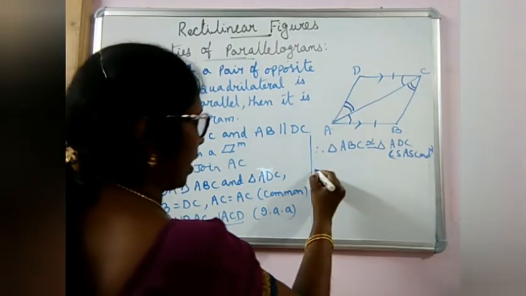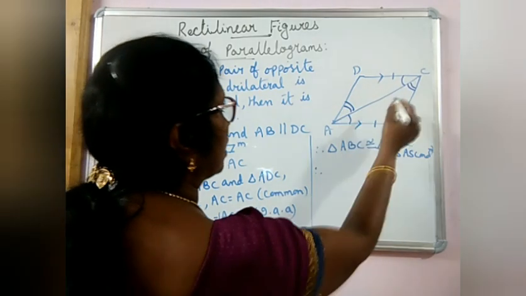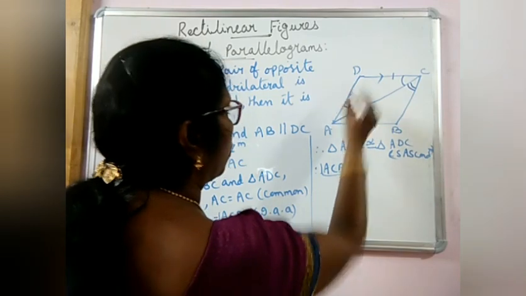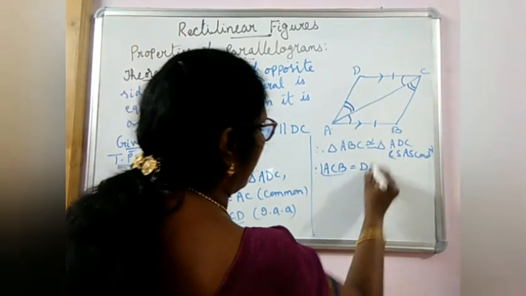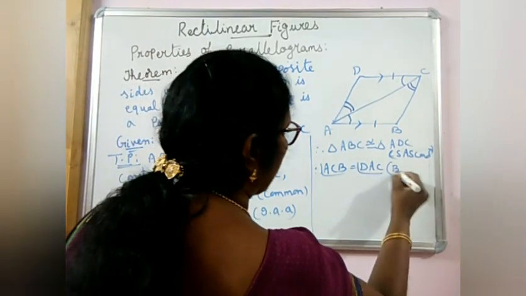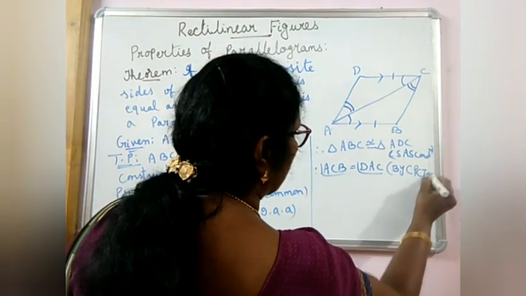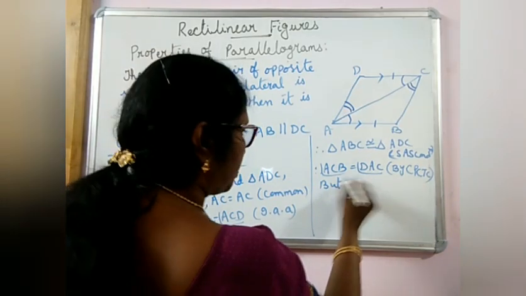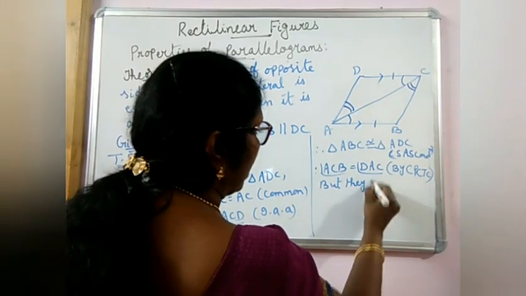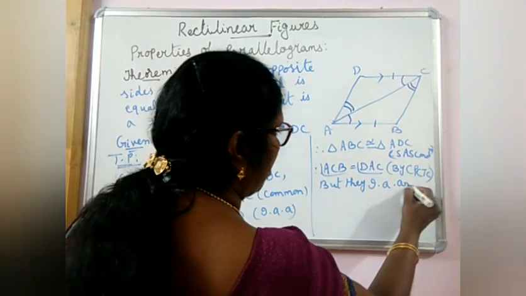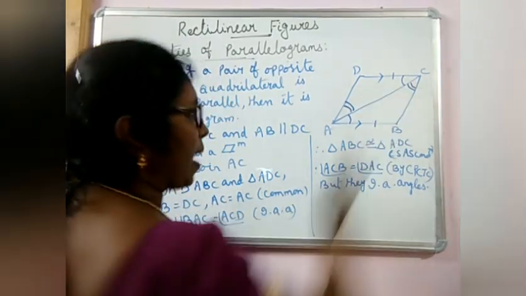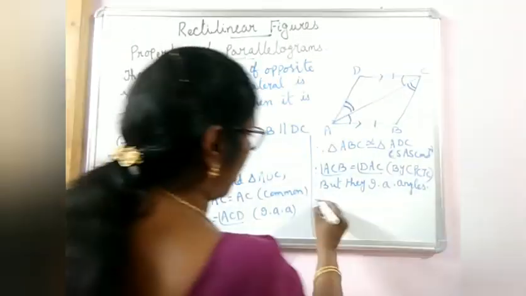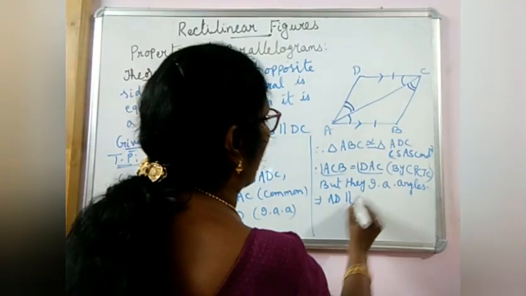If they are congruent, therefore angle ACB is equal to angle DAC, by CPCTC. But they are interior alternate angles. If a pair of interior alternate angles are equal, the lines are parallel. That implies AD is parallel to BC.